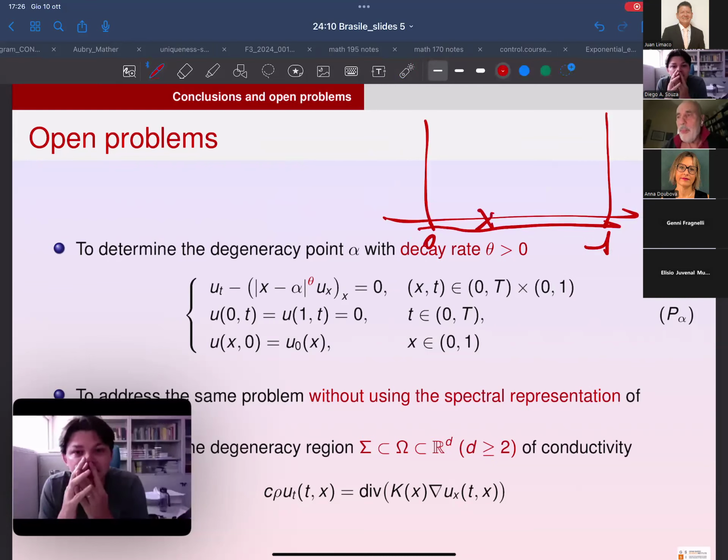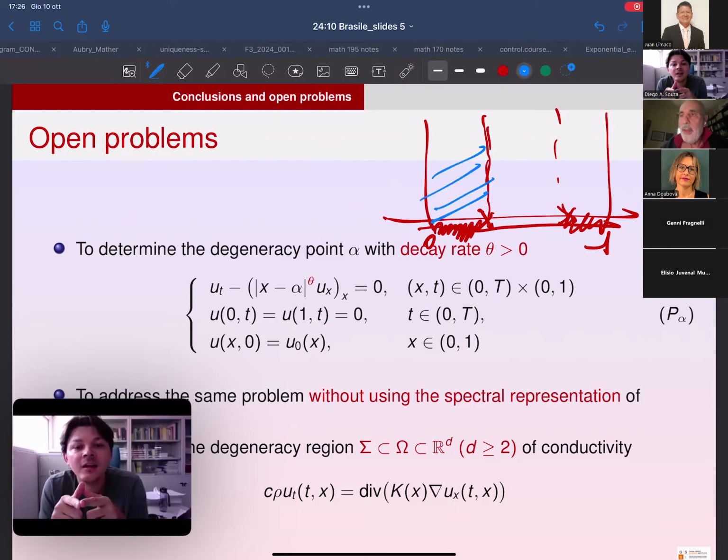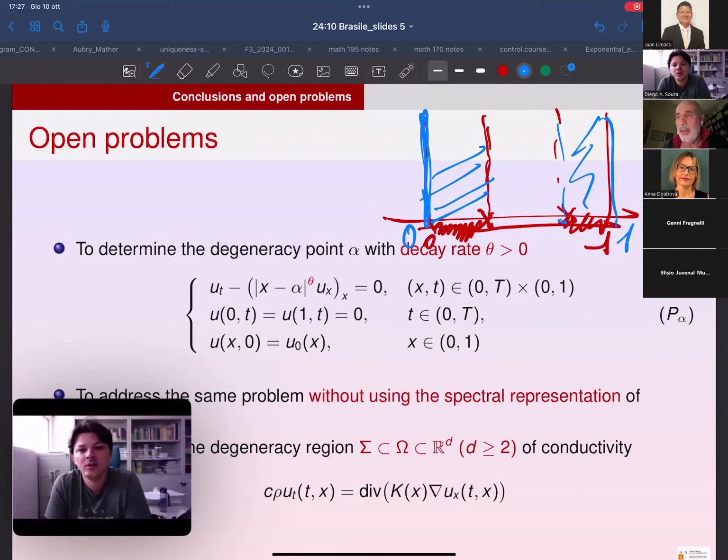Then you have two points here, where if the degeneracy is linear, like here, you decouple your problem. You know your initial data here, you don't know your initial data there, and you determine this point by the measurement of the normal derivative at 0, and this other point by measurement of the normal derivative at 1.